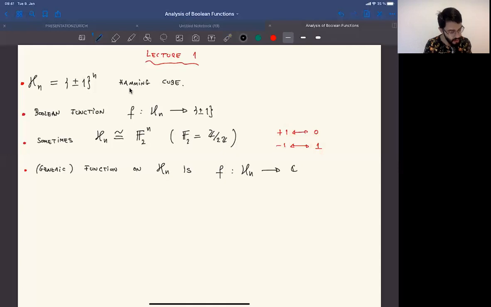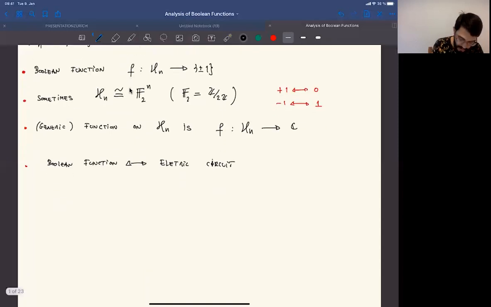And so a Boolean function can be seen as an electric circuit.